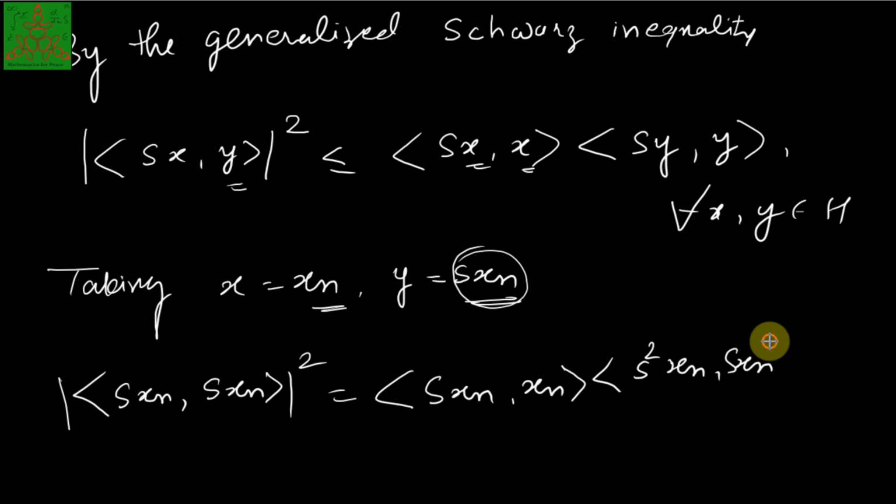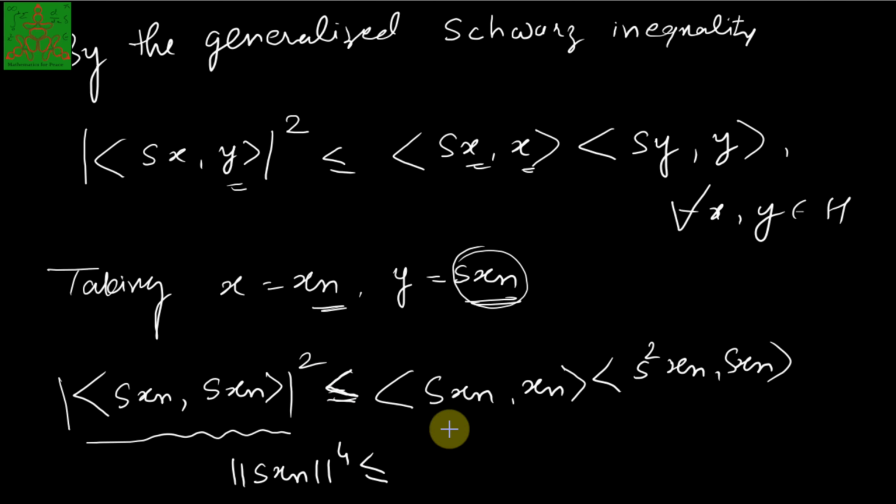so this is ⟨Sxn, xn⟩ times ⟨S Sxn, Sxn⟩. Now this quantity is nothing but the norm of Sxn squared, so it is the norm of Sxn to the power 4, which is less than or equal to ⟨Sxn, xn⟩ as it is.